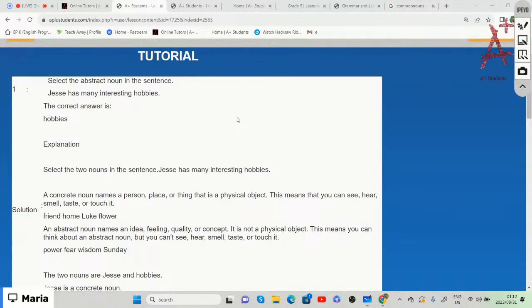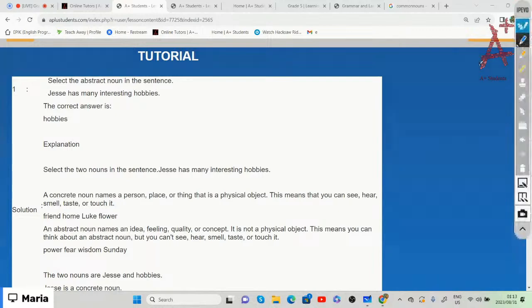Jessie has many interesting hobbies. So Jessie has many interesting hobbies. We need to choose the abstract noun. So in this sentence, we have two nouns, right? One being abstract and one being concrete, right? They specifically want us to select the abstract noun.